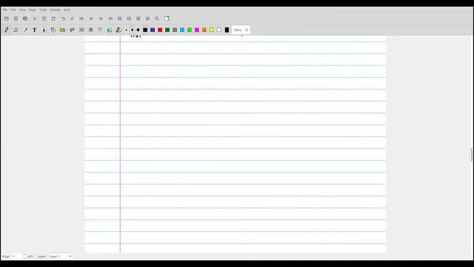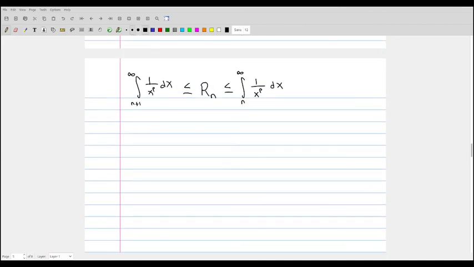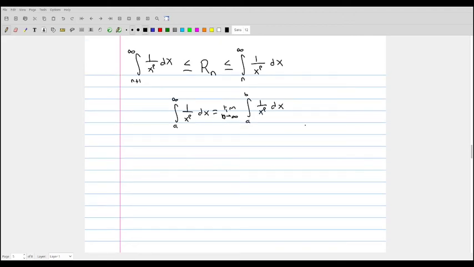The improper integral of this function from, say, a to infinity is the limit as b goes to infinity of the improper integral from a to b of 1 over x to the p dx, which is the same thing as the limit as b goes to infinity of the antiderivative of this, which is 1 over 1 minus p times x to the 1 minus p, evaluated from a to b.